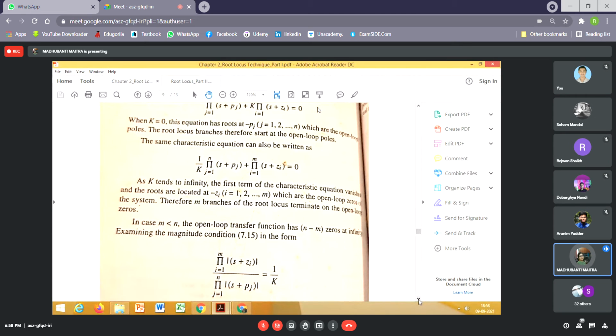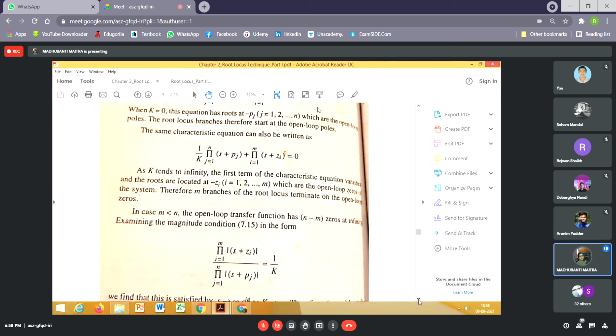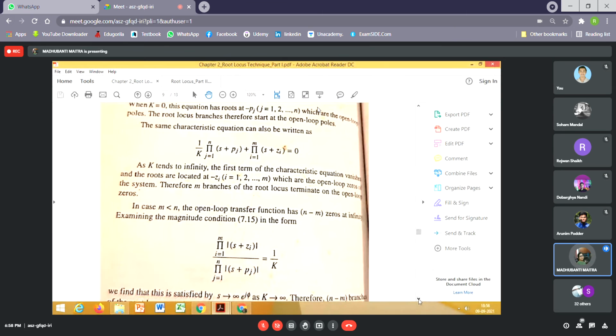I'm talking about open loop poles. So that means n minus m. What will happen to this n minus m number of root branches? Already we have seen that these n minus m root branches will tend towards infinity as k tends towards infinity. So how can we derive this fact?